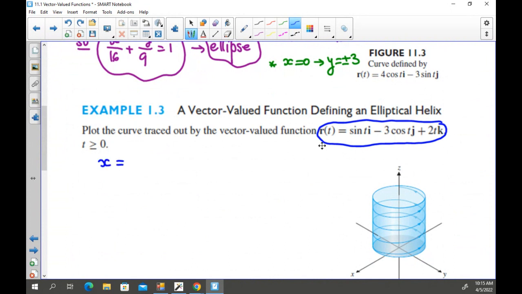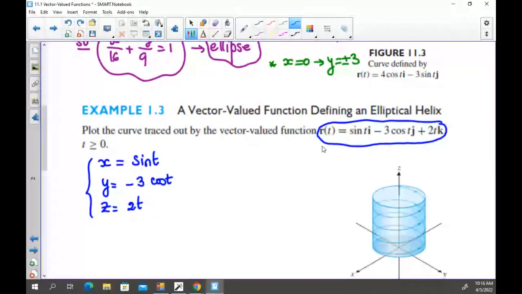Now, what is x? Sine t. Y is minus 3 cosine t. And z is 2t, like this.